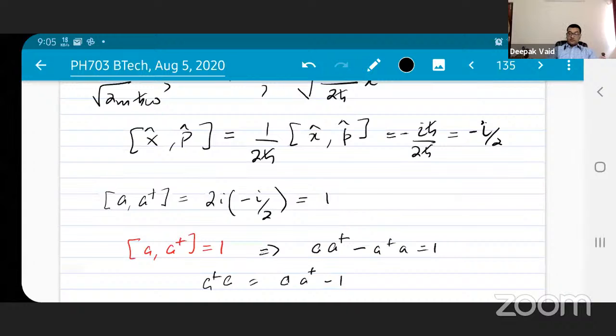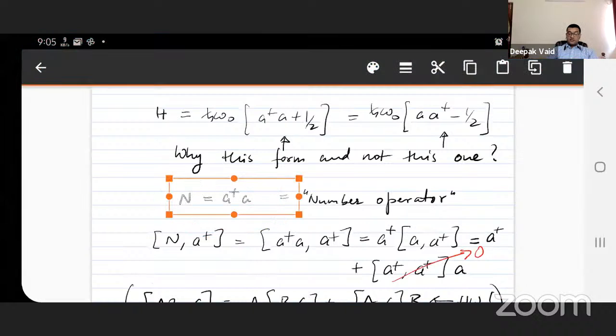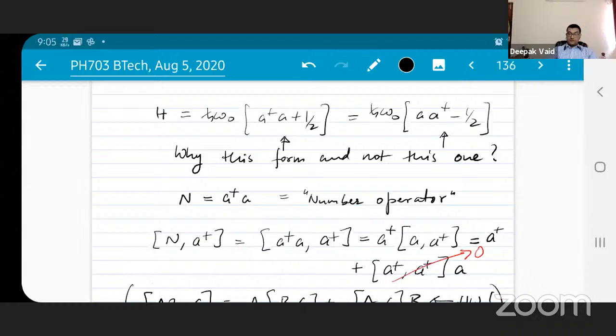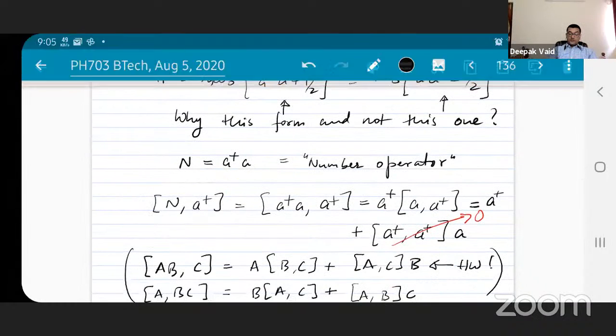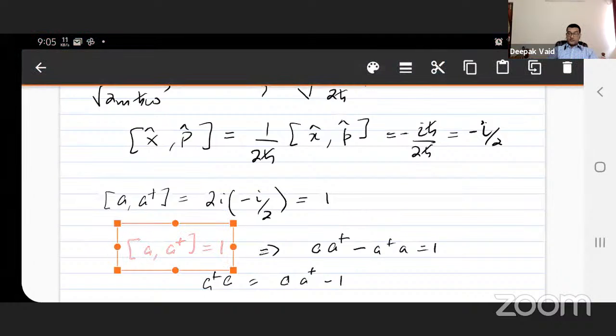It need not be a constant. But if it is this 1 or some constant, then you can construct this guy from A and A dagger, which is a Hermitian operator by definition. And this Hermitian operator, when you take the commutator with A dagger, you get A dagger. With A, you get A. So it all boils down to the fact that this property is satisfied.